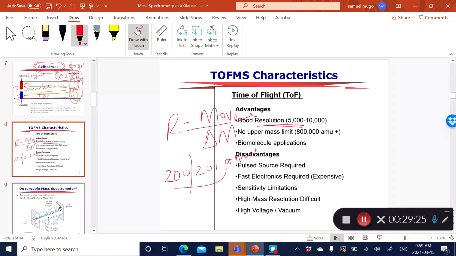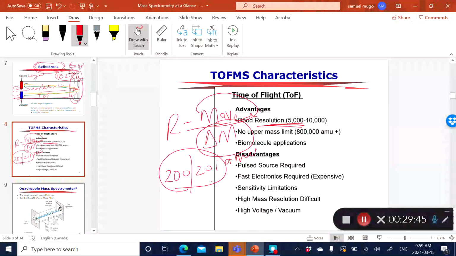So essentially, I just need to take 201 and 200 and get an average of that, m average. And then the delta m would be the difference between the two, and the ratio is what I'm referring to as the resolution. Okay, so very similar to what we did with the optical spectroscopy.